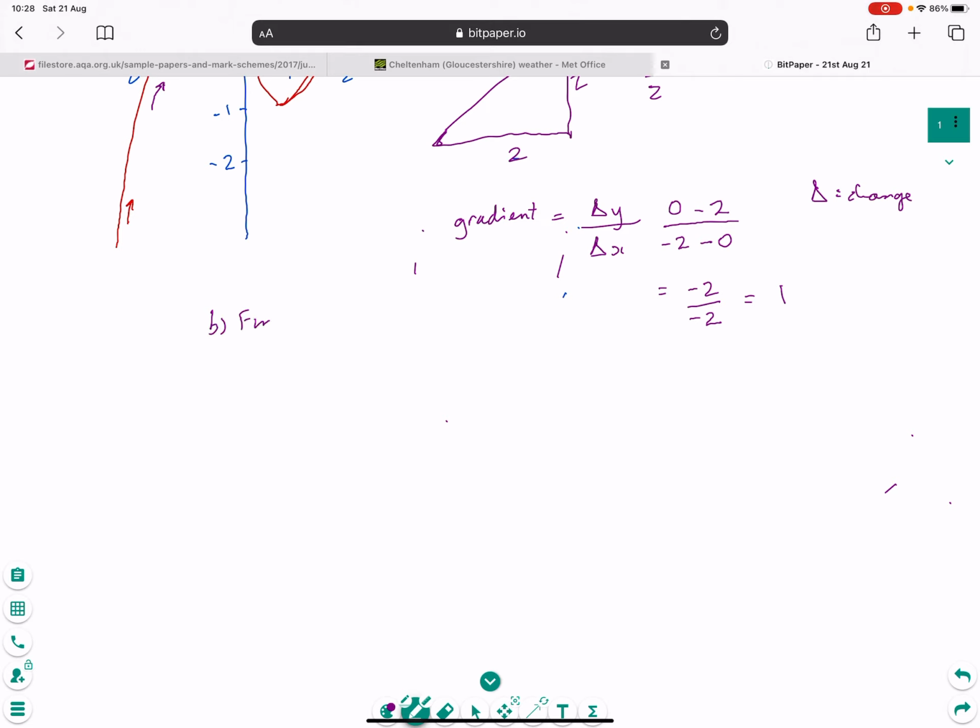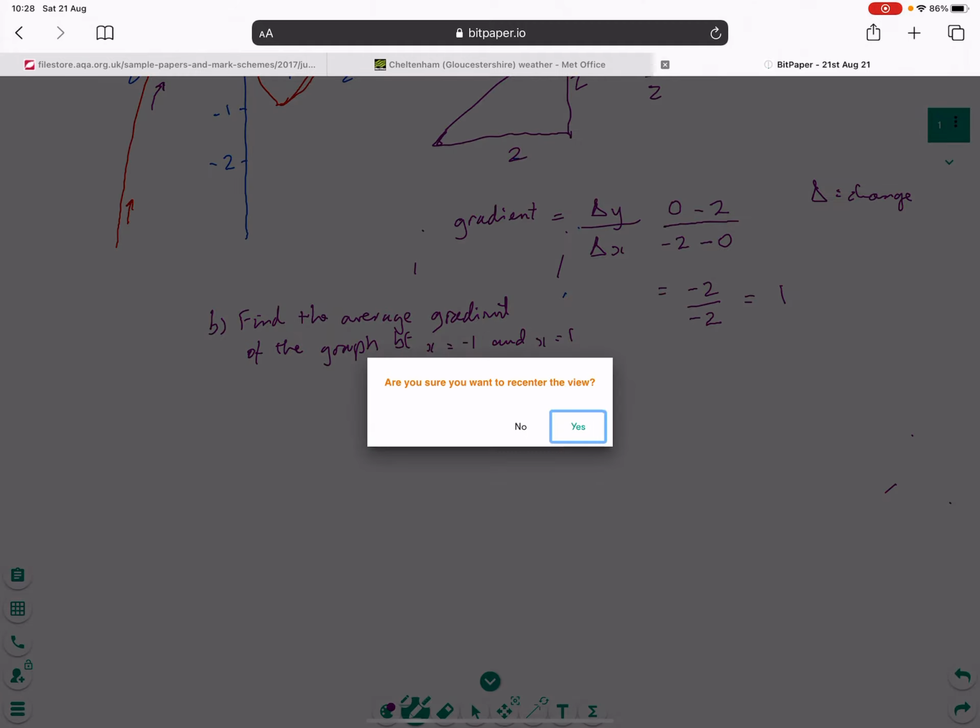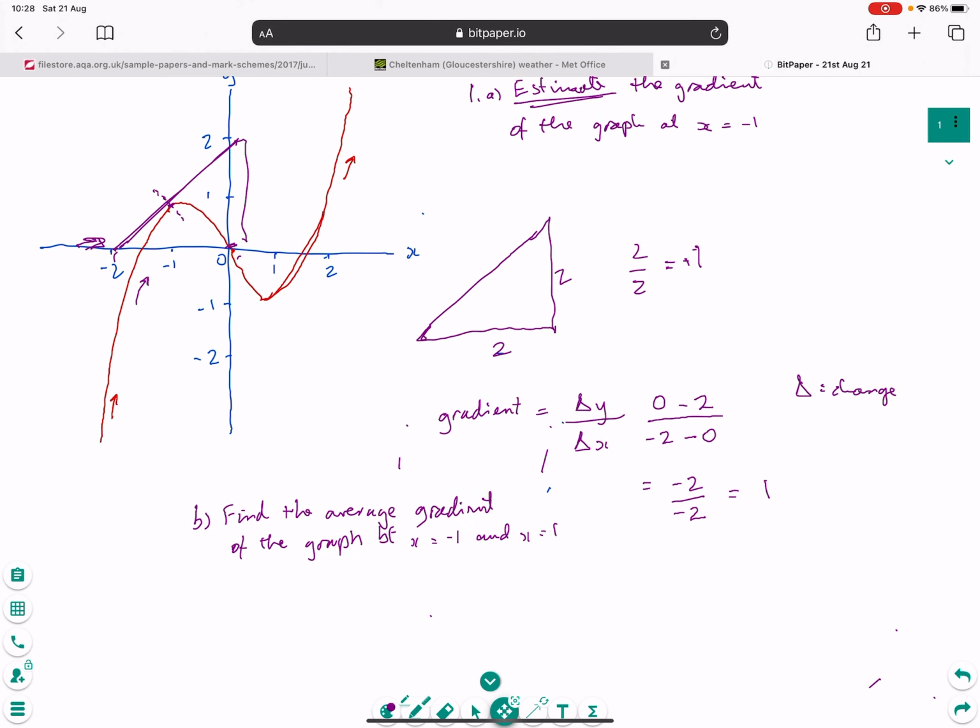So find the average gradient of the graph between x equals minus 1 and x equals 1. Okay.